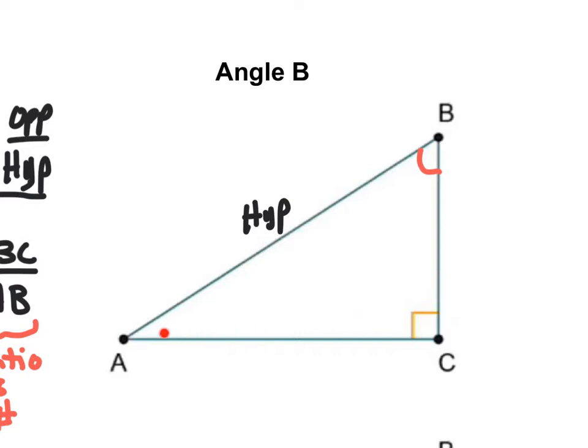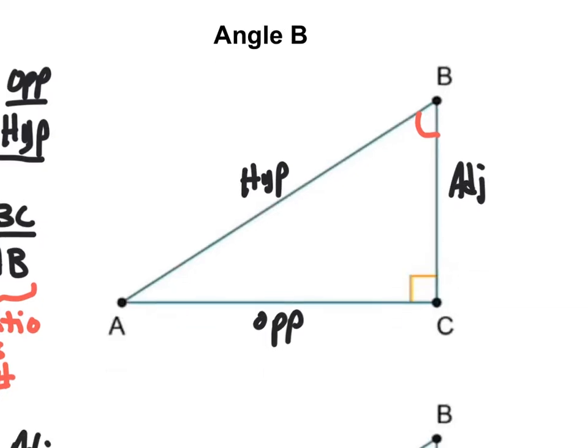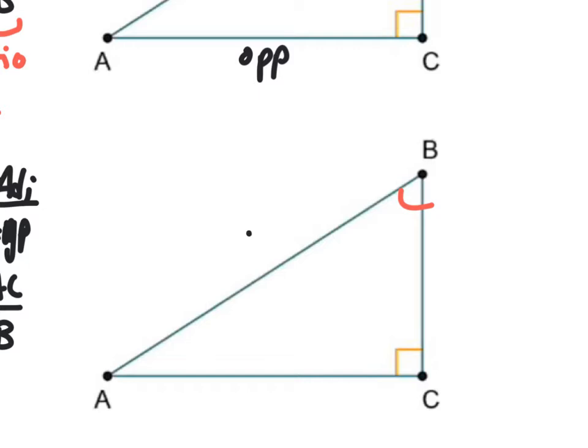This leg right here is my opposite side, and this one over here is my adjacent side, next to. I'm going to do that for all of them. So looking at angle B, this is always going to be my hypotenuse, this is my adjacent side, and this is my opposite side.